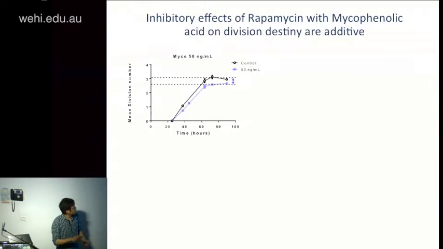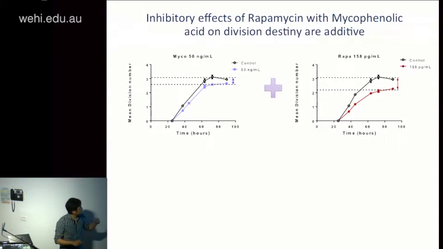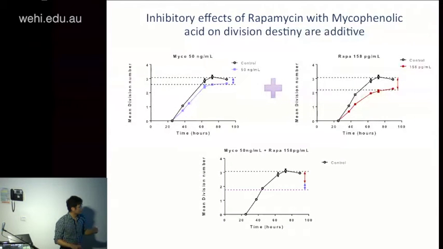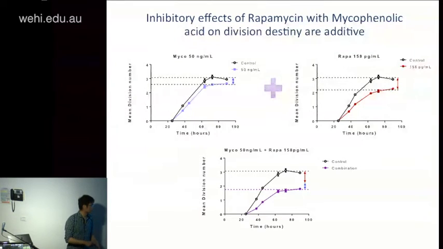If mycophenolic acid at 50 nanograms per ml decreases the number of times cells divide by 0.5, as you can see here, and rapamycin decreases the number of times cells divide by about 1, we expect that the combined effect should decrease the number of times cells divide by about 1.5. And this is the result when we measure. This clearly shows how independently these two drugs add together to inhibit the number of times cells divide.